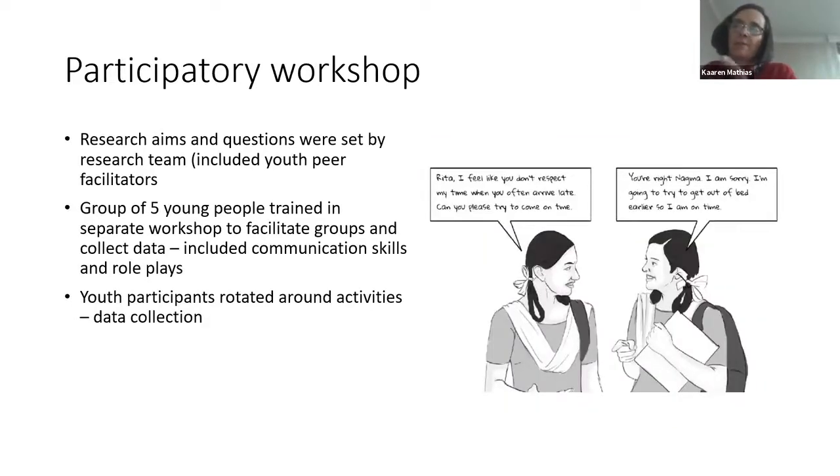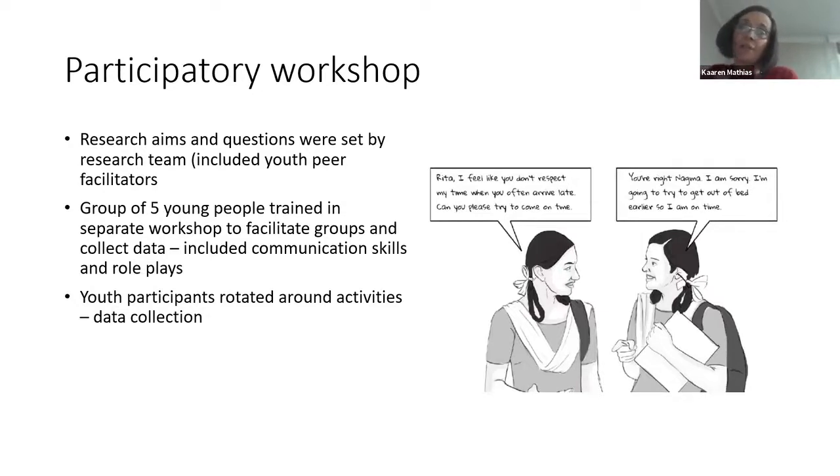The main data collection was about 4 or 5 participatory research workshops, and the research aims were set by the research team, which included youth peer facilitators, but this wasn't fully co-produced research because we had set the objectives prior to inviting the young people to join us.